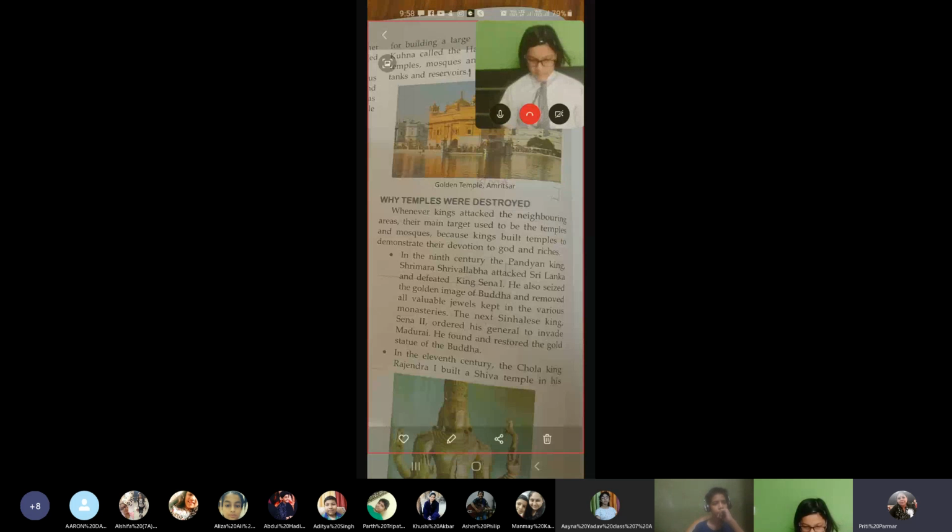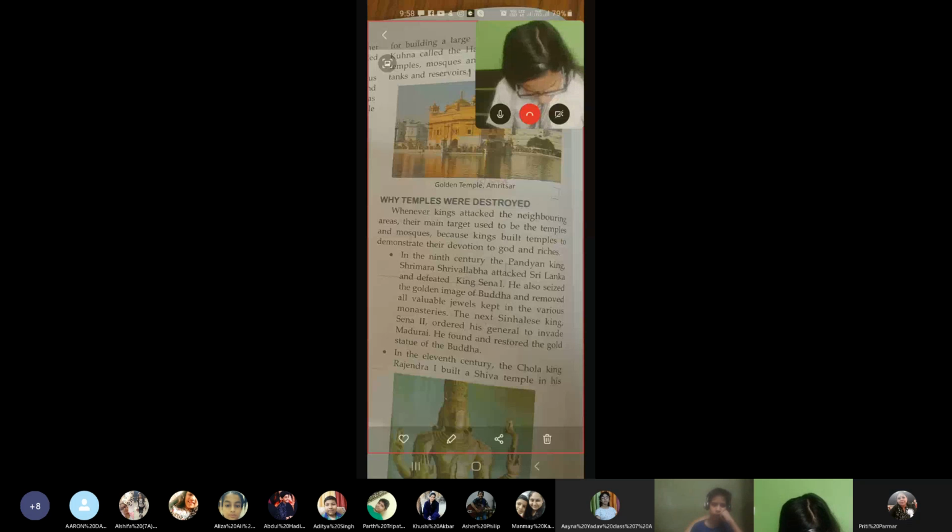Now the first example: in the ninth century, the Pandya king Sri Mara Sri Vallabha, underline Sri Mara Sri Vallabha, attacked Sri Lanka and defeated King Sena I. He also seized the golden image of Buddha and removed all valuable jewels kept in various monasteries.